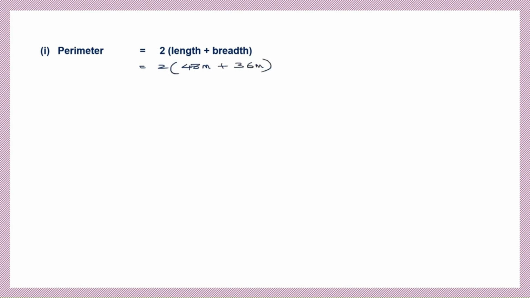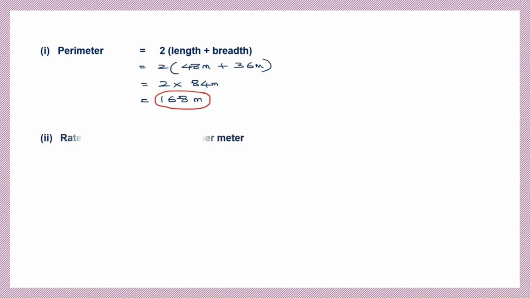So these two we found out. So this is 2 into, how much is 48 plus 36? That is 84. Okay, 84 meters, and 2 into 84 is 168, and the unit is only meters. So now we have found the perimeter. The perimeter is 168 meters.